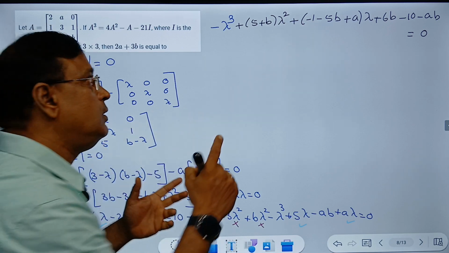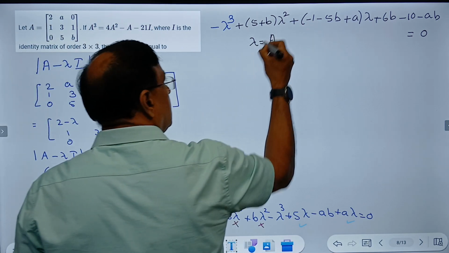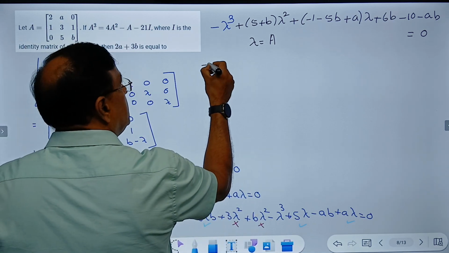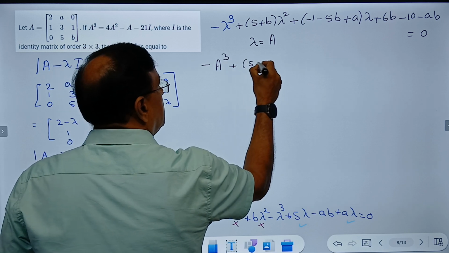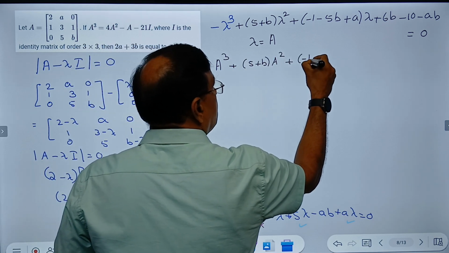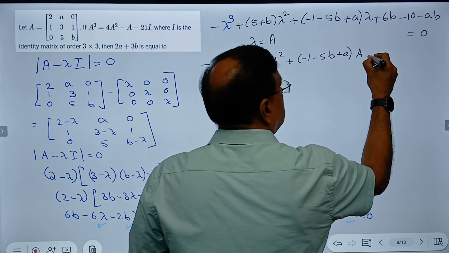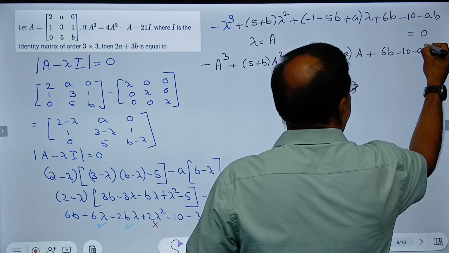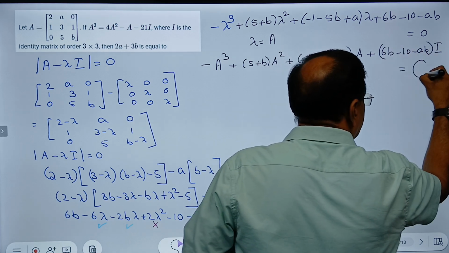Now what do you do? If you replace lambda by a matrix A, you can write this as A cube plus 5 plus B into A square plus minus 1 minus 5B plus A into A plus 6B minus 10 minus AB into I, identity matrix, equal to 0 matrix.